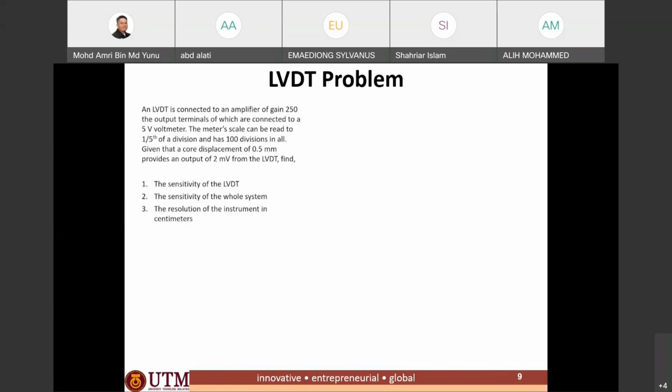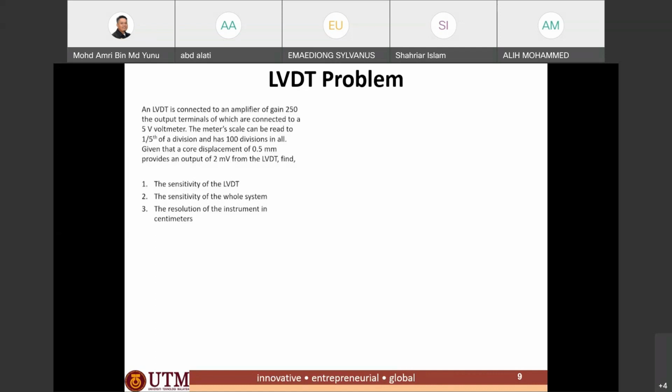Number 2, the sensitivity of the whole system. Number 3, the resolution of the instrument in centimeter. I mean the resolution of the whole measurement system.